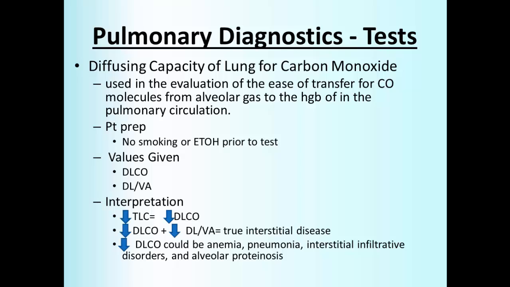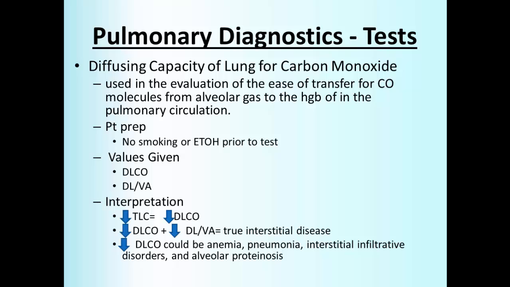So for interpretation, because the DLCO is directly proportional to alveolar volume, non-pulmonary processes that reduce the TLC cause a reduction in the DLCO. Disease processes such as a lung resection, thoracic cage abnormalities, or small lungs can do that.